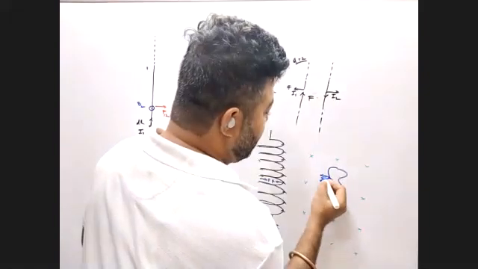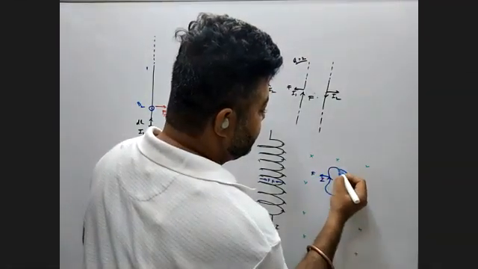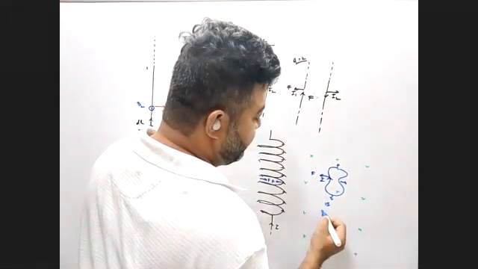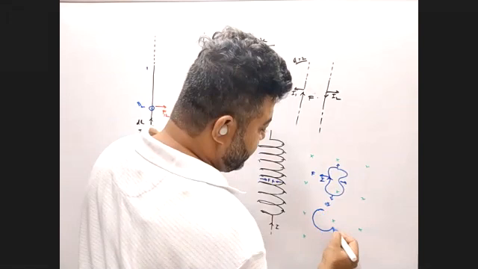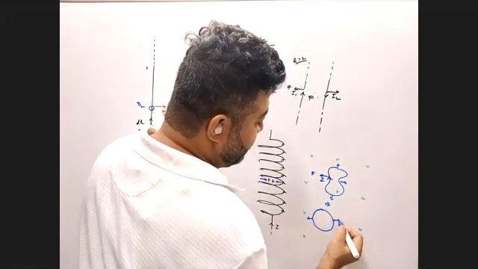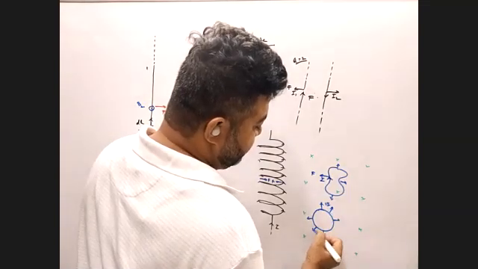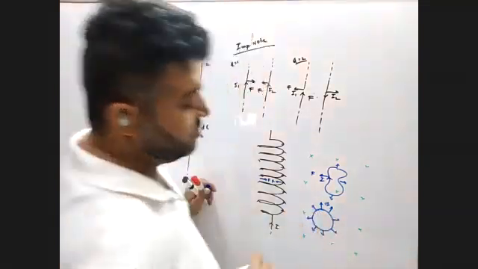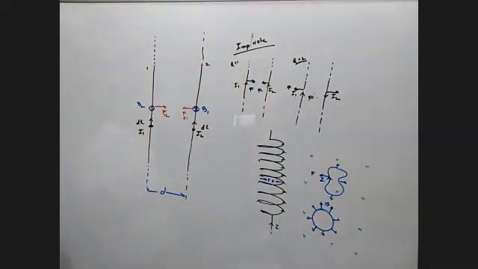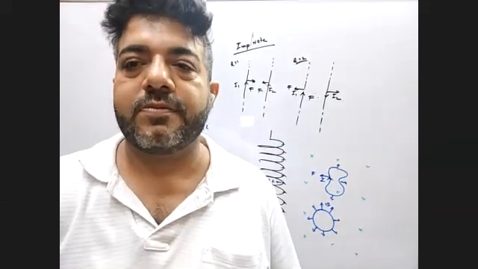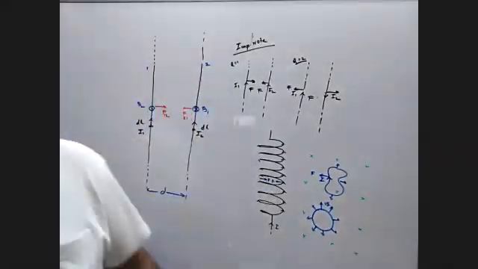As the force is outward, slowly it will look like a circular shape. Why? Because in a circular shape, the forces exactly balance each other. Yes or no? Is it okay, everyone?